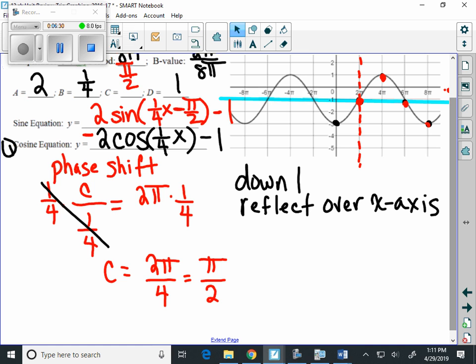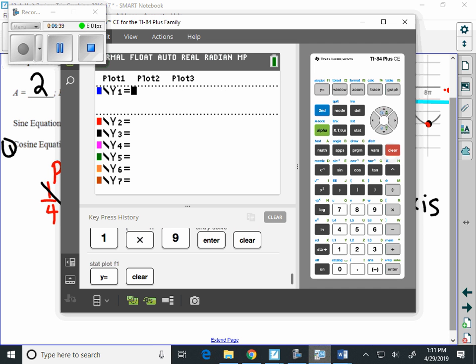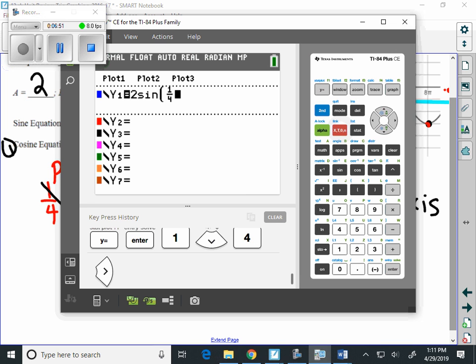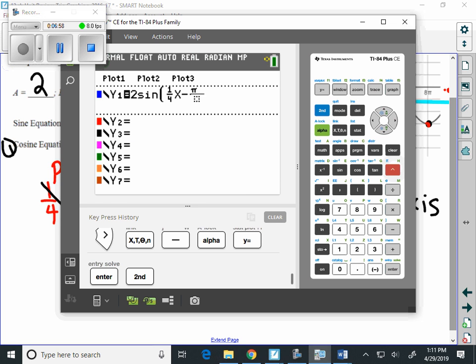And on second thought, let's type this into our calculator and see if we do have the correct value. So we'll type in y equals 2 sine of 1/4 x minus pi over 2 minus 1.